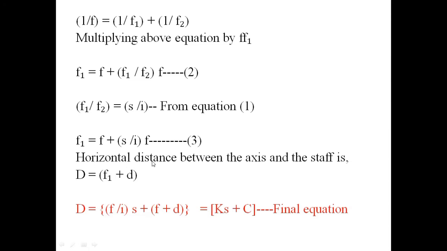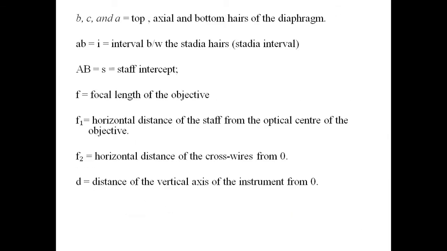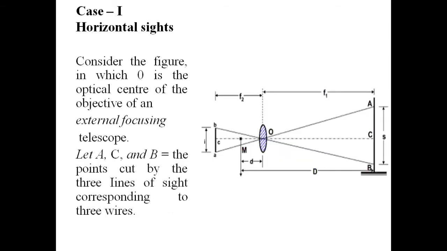Therefore, the horizontal distance between the axis and the staff is D is equal to F plus d. If you look at this figure, here the capital D is the small d plus F1.